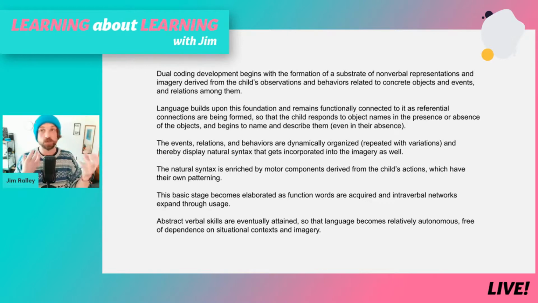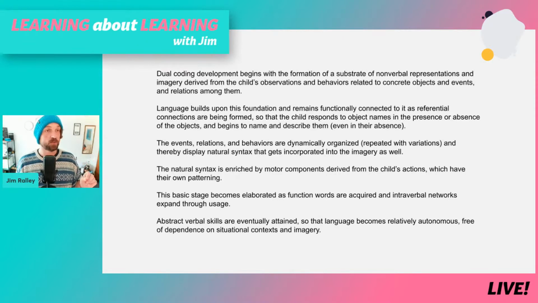So we start to develop all sorts of images, sounds, sights, smells, feelings about the world before the verbal comes into play. Language builds upon this foundation and remains functionally connected to it as referential connections are being formed. Remember, those referential connections are ones between these two systems.